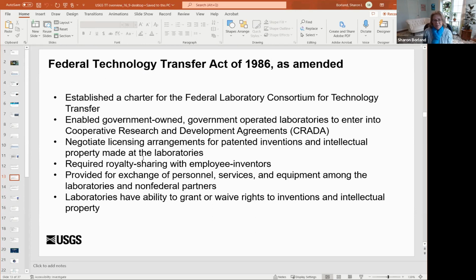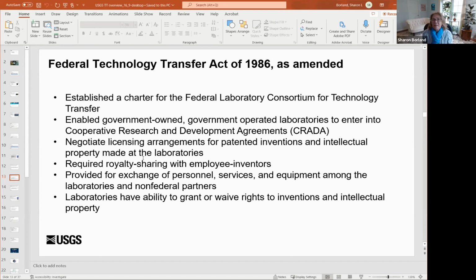This act also enabled federal laboratories, that's government-owned, government-operated laboratories, to enter into cooperative research and development agreements. It also authorized federal laboratories to negotiate license agreements with the private sector for patented inventions and intellectual property that originate from the laboratories.